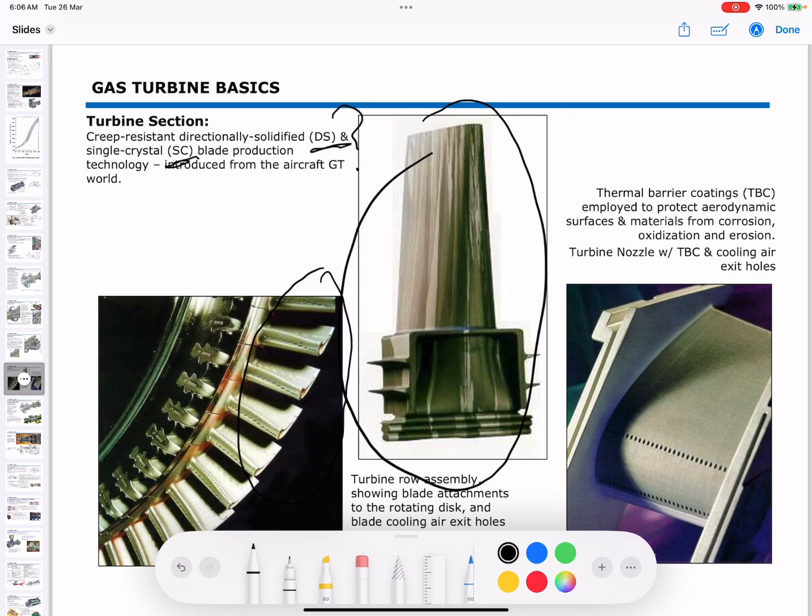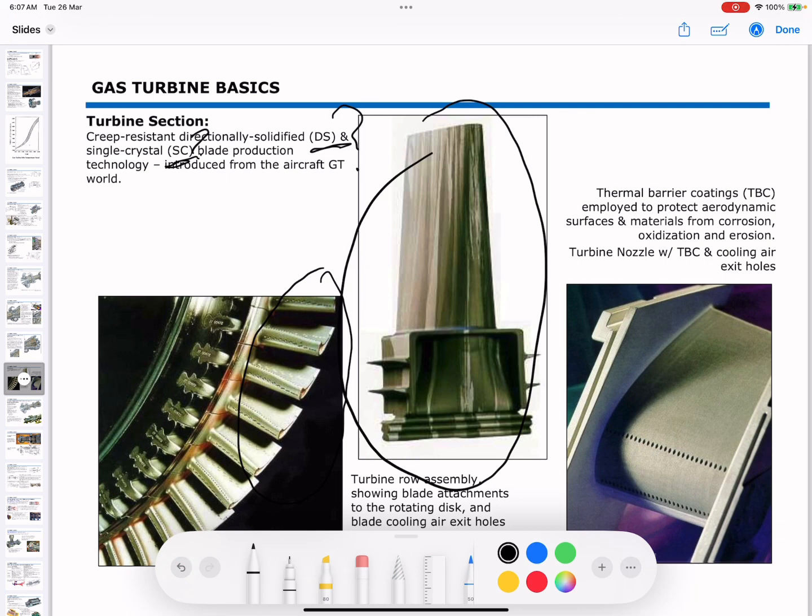Let's talk about the SC, or the single crystal structure. Single crystal turbine blades are used in high performance gas turbines and jet engines. The crystal structure is without grain boundaries. This design enhances creep and fatigue resistance, high temperature strength, and thermal stability.